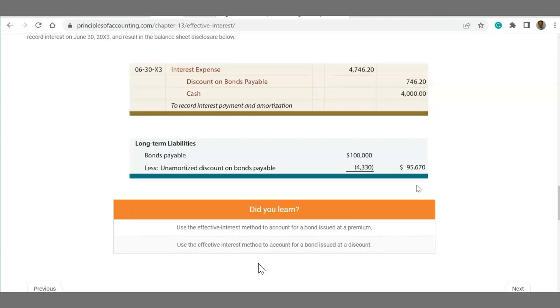So now, yes, the bonds liability is 100,000, but people gave us less money. And this is the portion of that money that has not been amortized yet. So if I wanted to pay off the bond right now at this moment, my liability is 95,000. I owe less. Make sense?